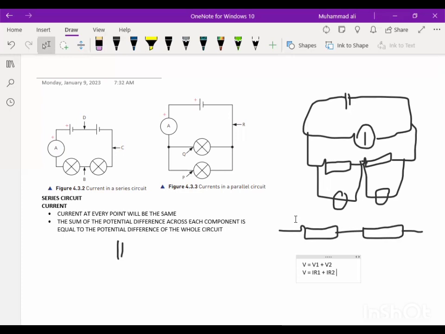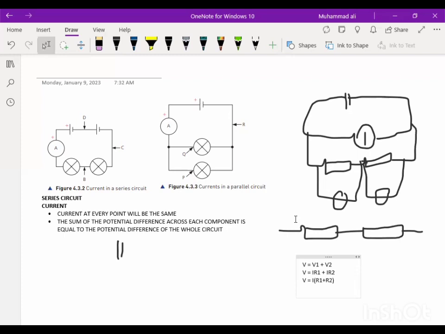So I can take out my I common because it's the same. Now what I'm going to have is my R1 plus R2 only.